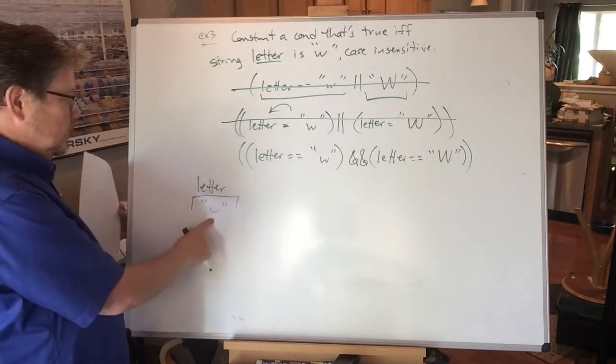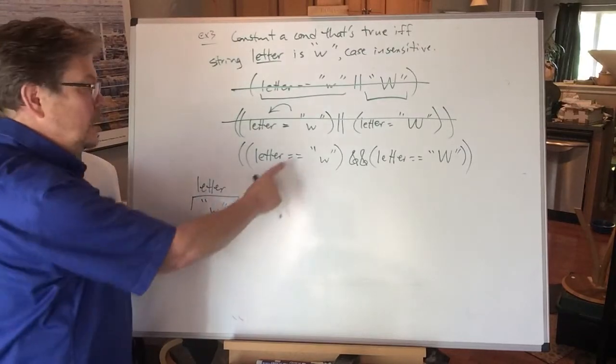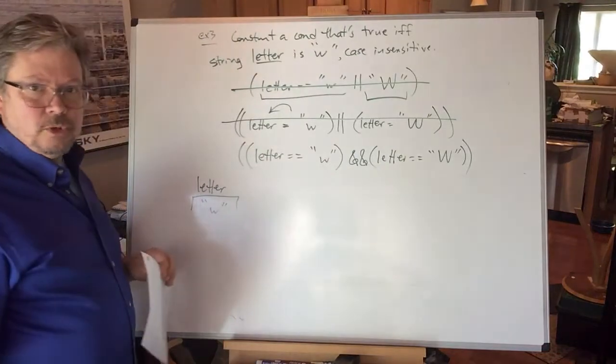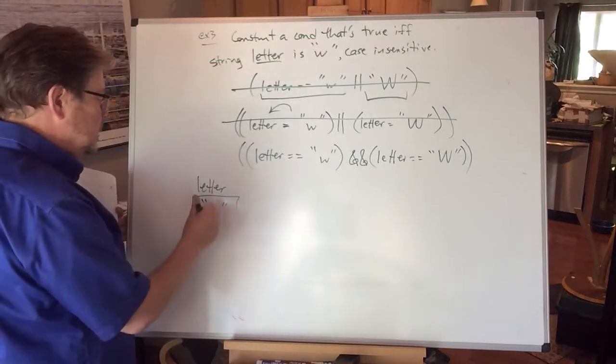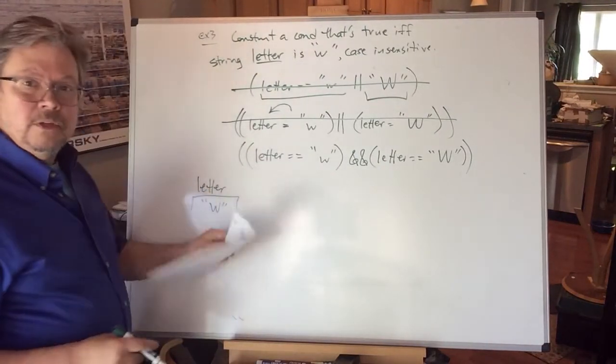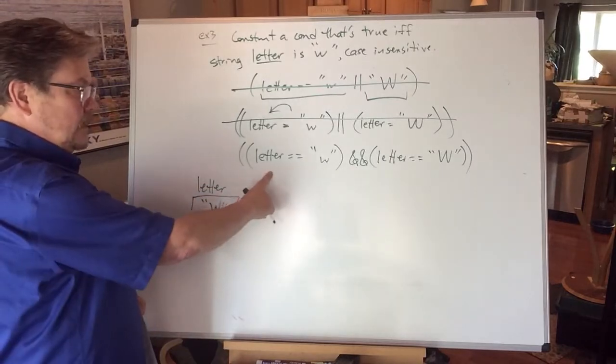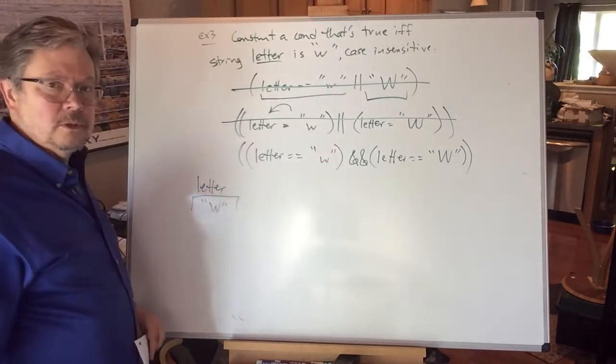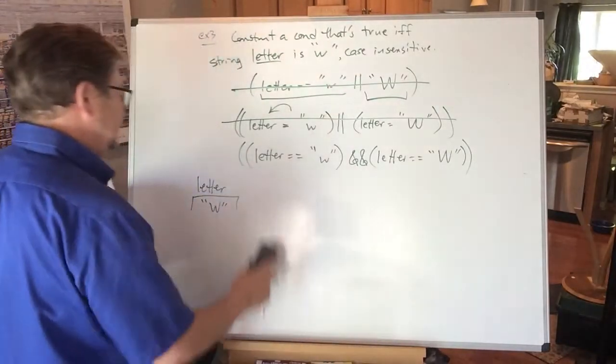If the value of letter is string lowercase w, even though this condition is true, there's no way that one can simultaneously be true. And it doesn't fix it to make it an uppercase w. If it's an uppercase w, then it's not equal to lowercase w, and it can't possibly be the case that both of these are simultaneously true.